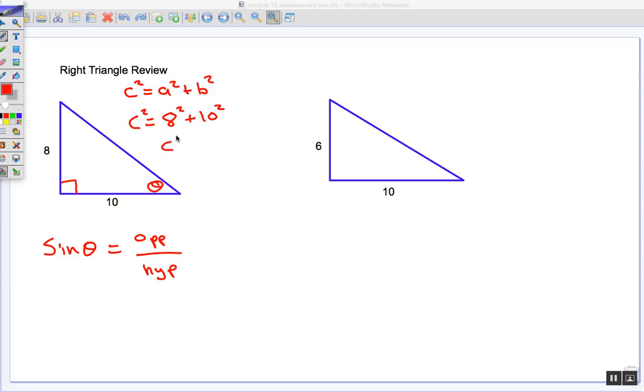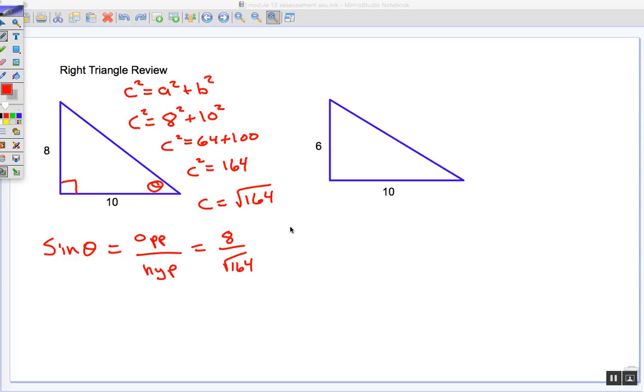So that gives us c squared is equal to 64 plus 100. C squared is equal to 164, or c is equal to the square root of 164. So the sine of theta is equal to 8 over the square root of 164.